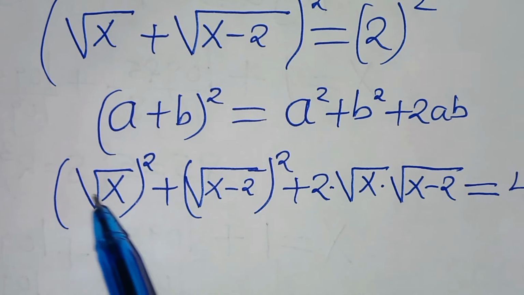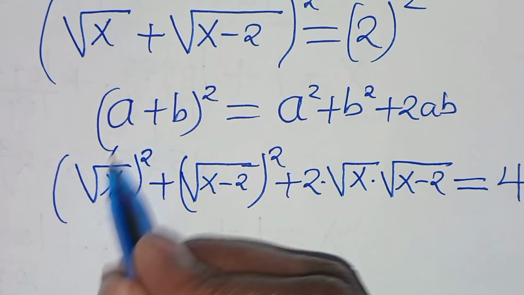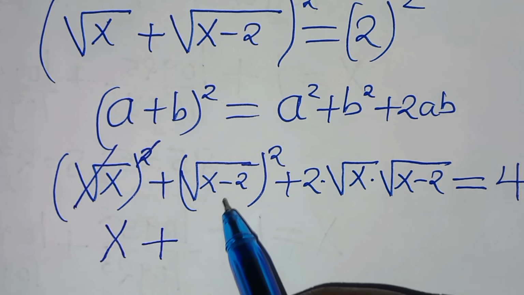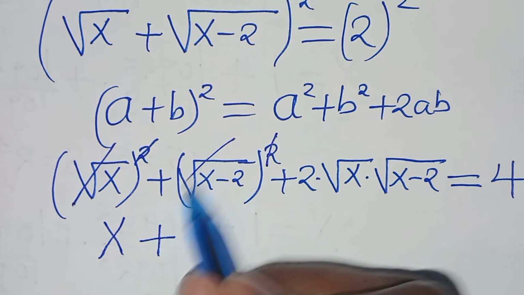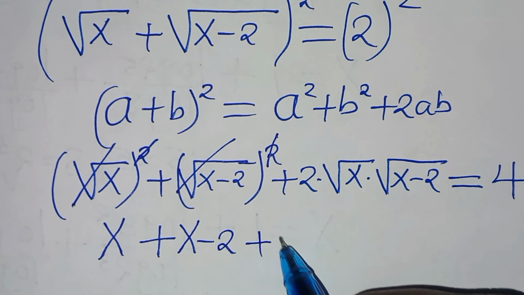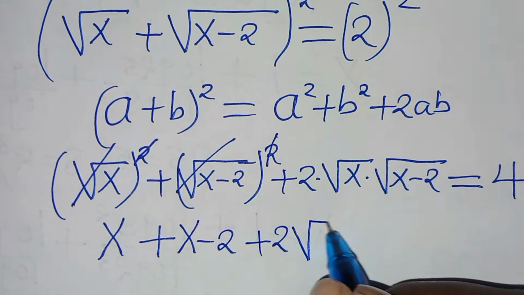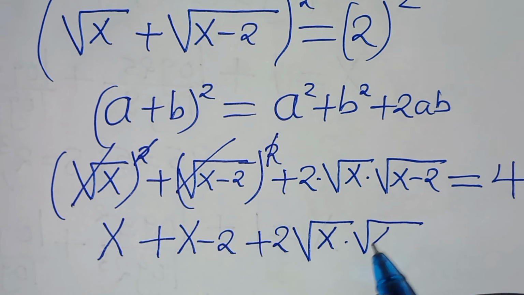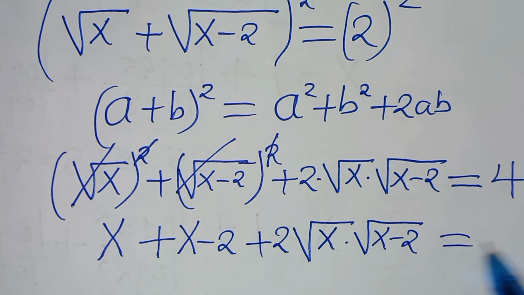The next step is to eliminate the square root signs, so that we have x plus x minus 2, plus 2 multiplied by the square root of x multiplied by the square root of x minus 2. This is equal to 4.